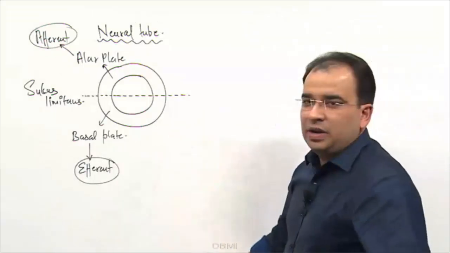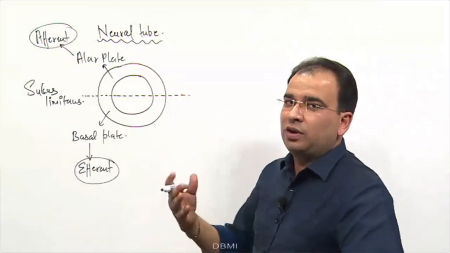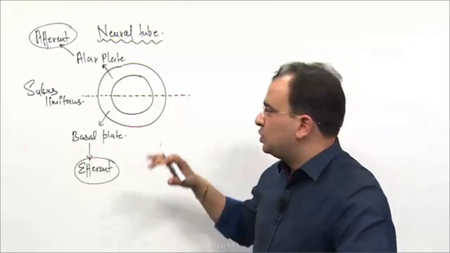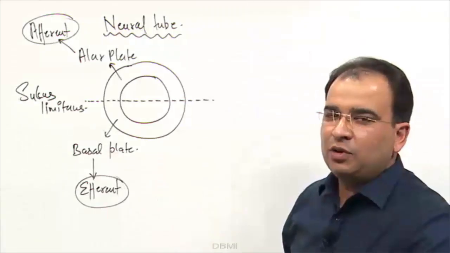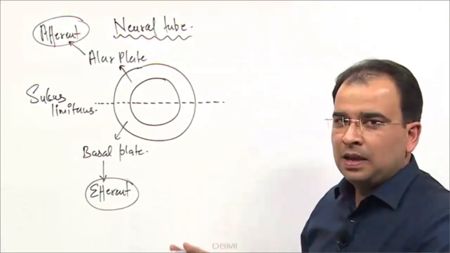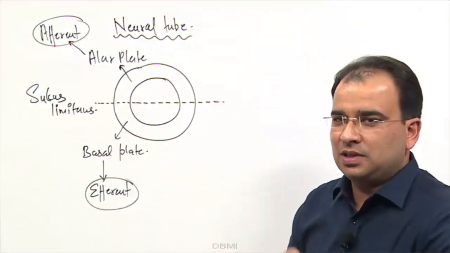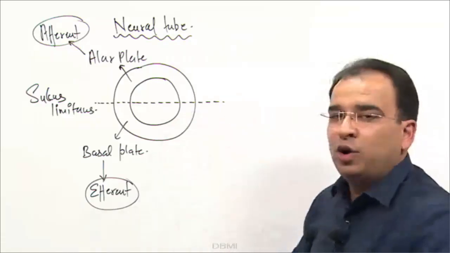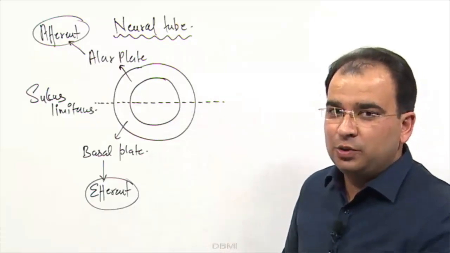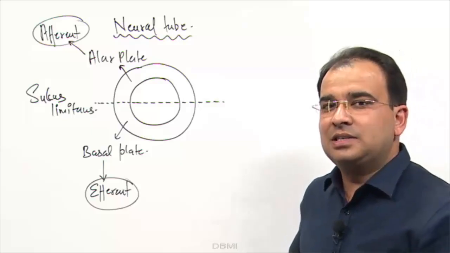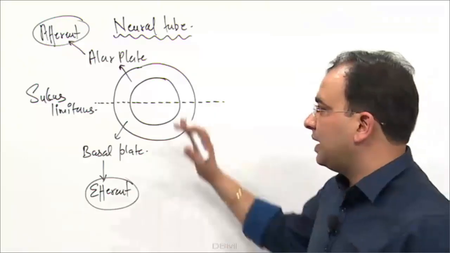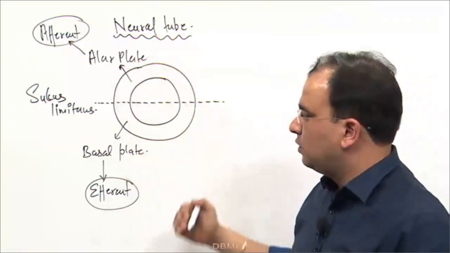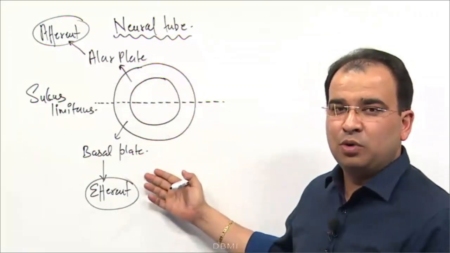One simple, straight question which is asked many times: they will give you four cranial nerve nuclei and ask which of them is derived from the alar plate and which from the basal plate. All you have to decide is whether it is sensory or motor. Let me throw a few examples at you. If I say hypoglossal nucleus, is it sensory or motor? It's a motor nucleus. It supplies muscles of the tongue. So it will be derived from the basal plate, because it's a motor nucleus.